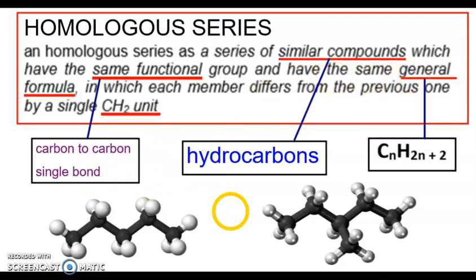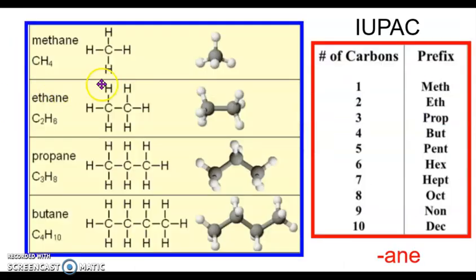They have the same general formula, CnH2n+2, in which each member differs from the previous one by a single CH2 unit. So if I go to the previous slide, if we go from CH4 to C2H6, the one differs from the next one by a CH2.